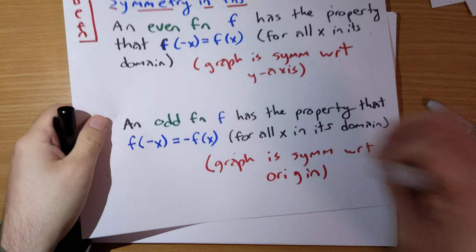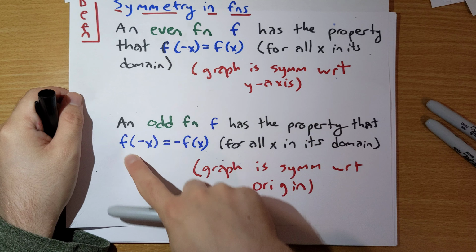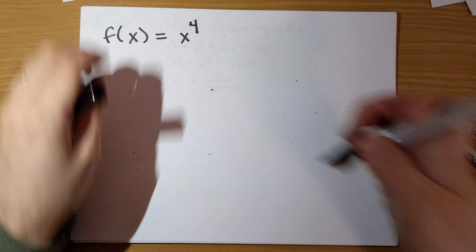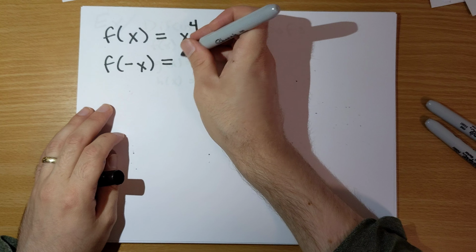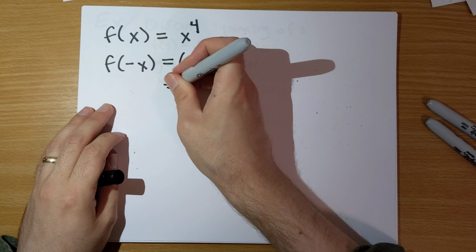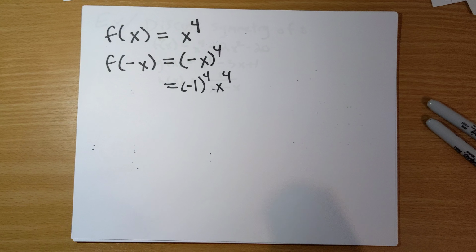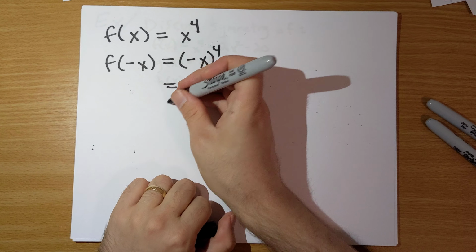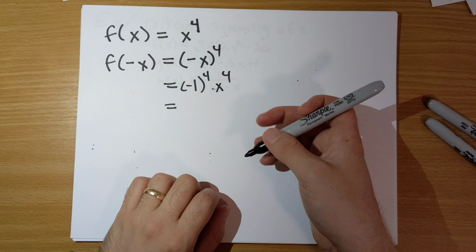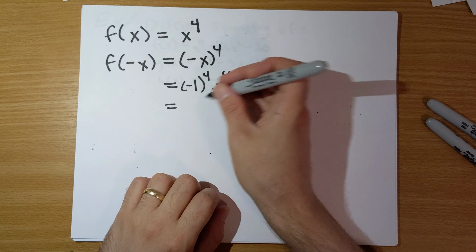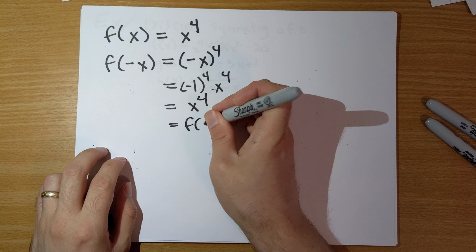For both even and odd functions, the definition is to replace x with -x and see what happens. So f(-x) would be (-x)^4. It would be (-1)^4 x^4. We can rewrite it in that way. (-1)^4 is just 1. 1 times x^4 is just x^4, which is f(x).